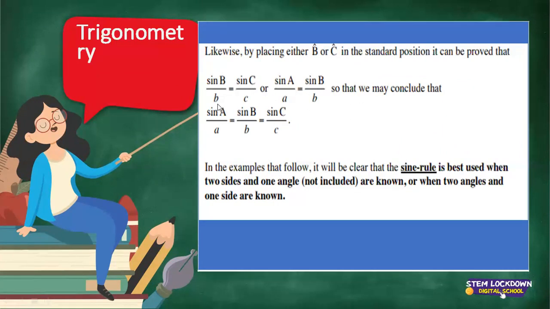Then we can generalize that sine A over A equals sine B over B equals sine C over C. So this is the sine rule.